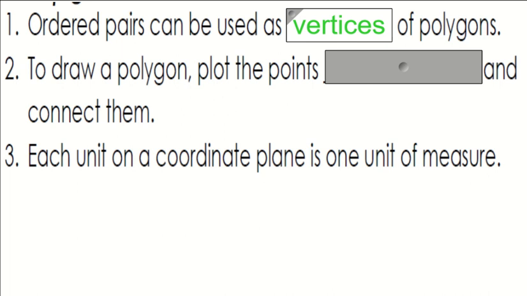Anybody know what a vertex is? Or a vertice? Yeah, it's the corner of the shapes, okay? So if we plot these points or get the ordered pairs, they're the corners of the shape. To draw the polygon, you would plot the points in order and connect the dots.